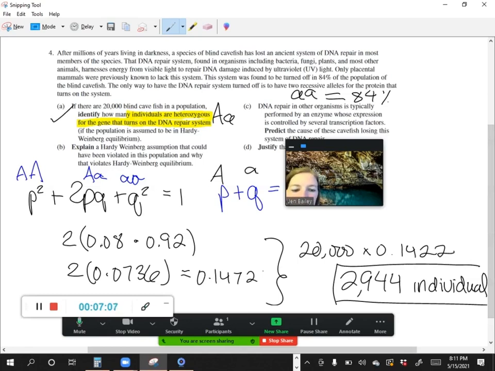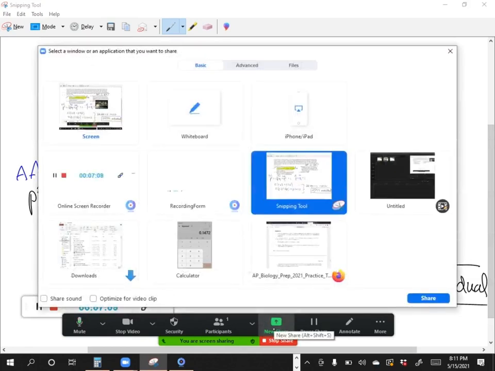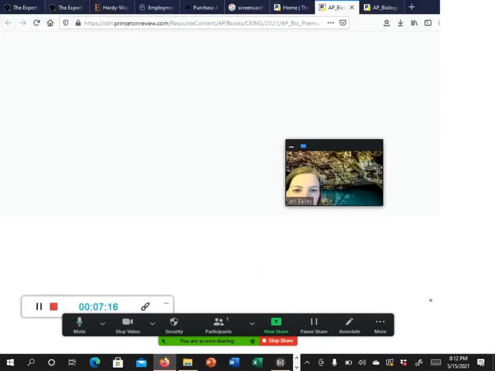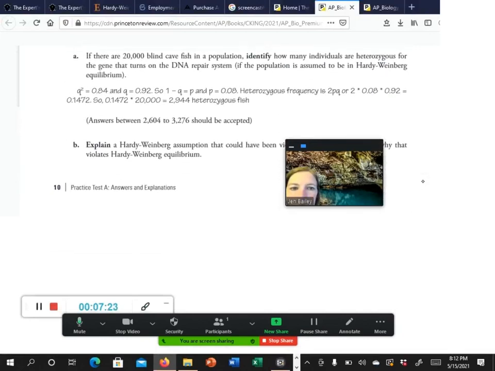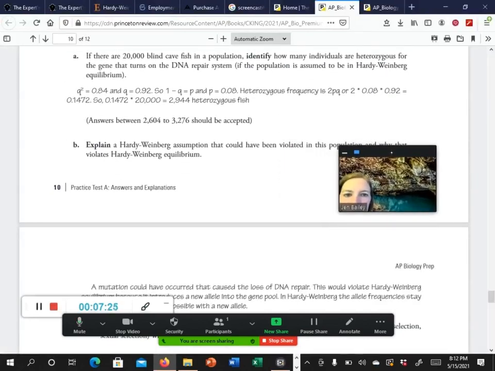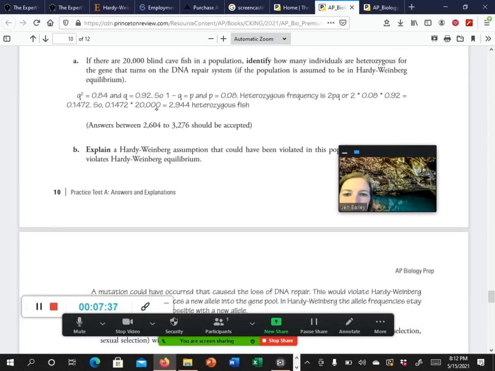Let me hop over and show you the explanation that they give in the biology prep answers. Here we go. They did the same thing we did. Heterozygous frequency is 2pq. They have 0.1472 times 20,000 right here, and that's the same number that we got.